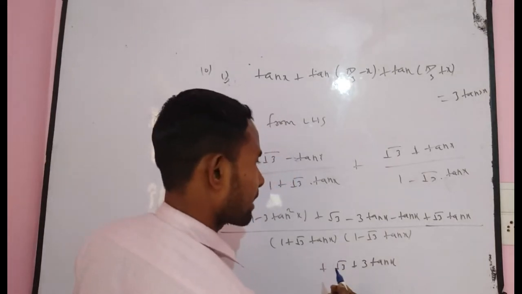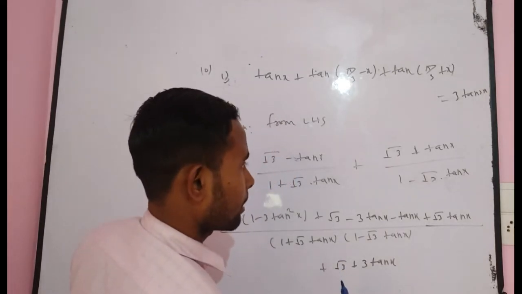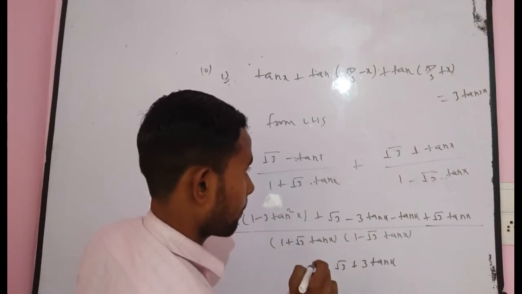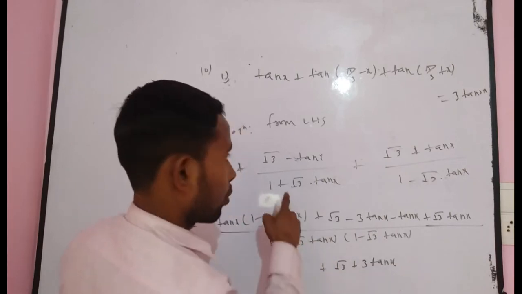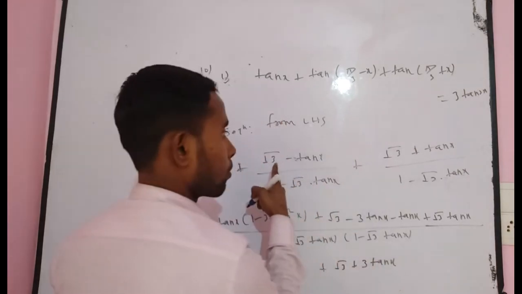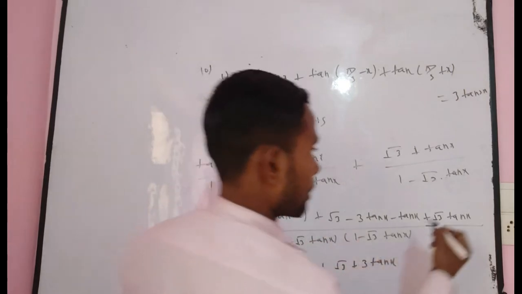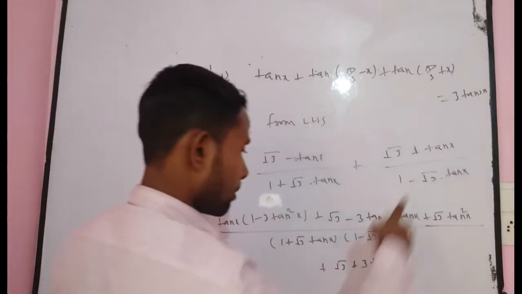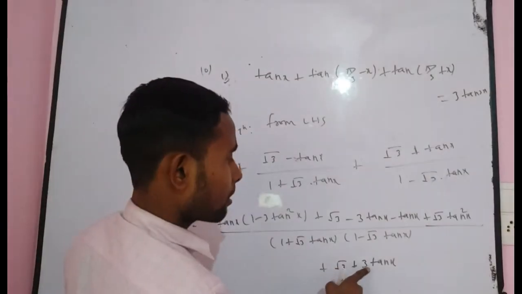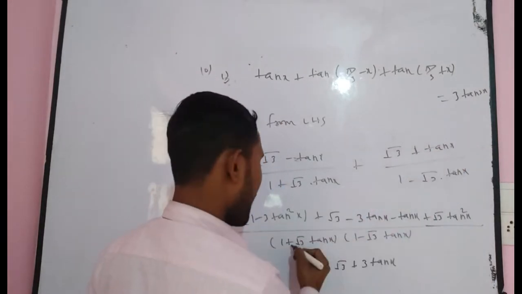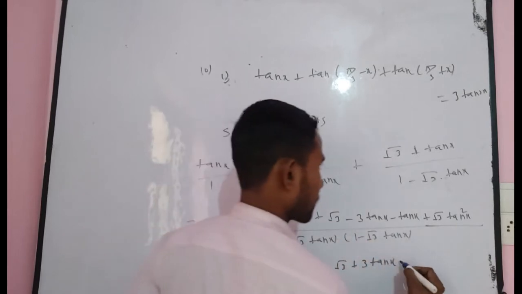That means, √3 − 3 tan x − tan x − √3 tan² x. So there should be a square. And similarly, here √3 + 3 tan x − tan x + √3 tan² x.